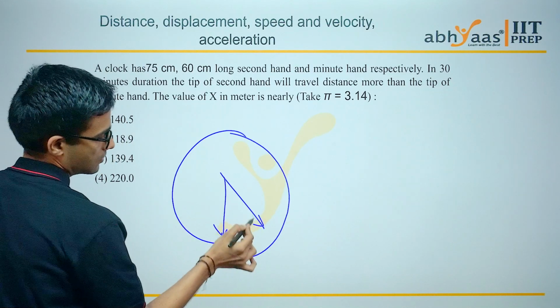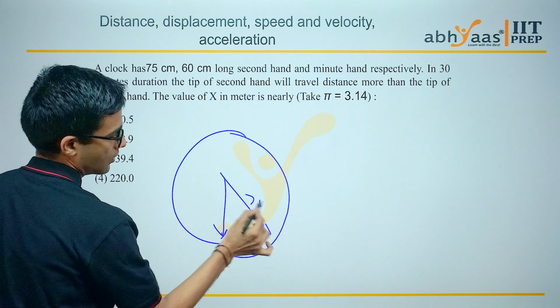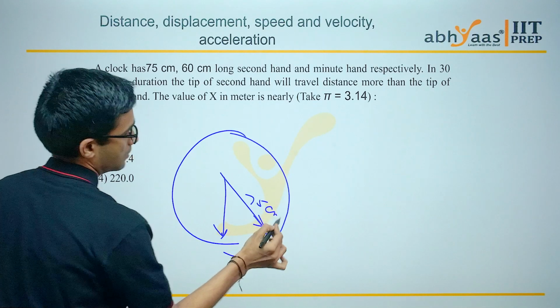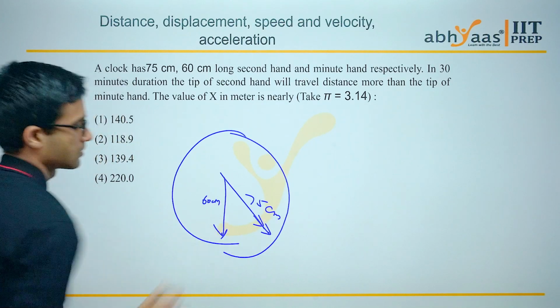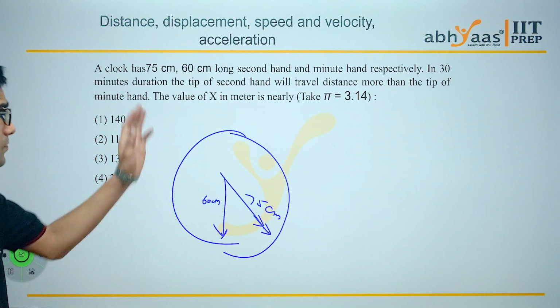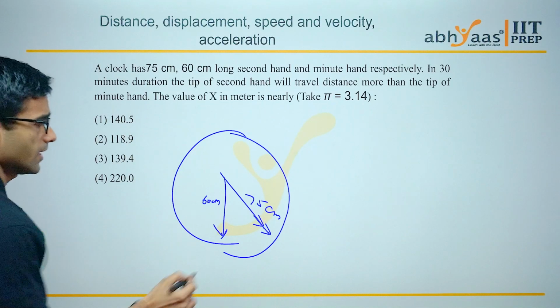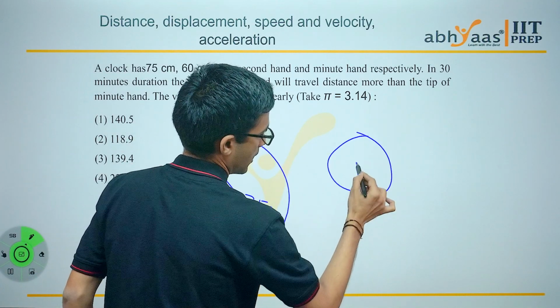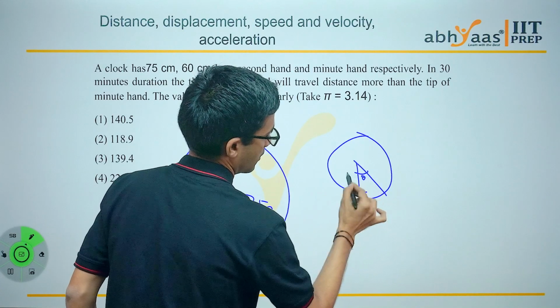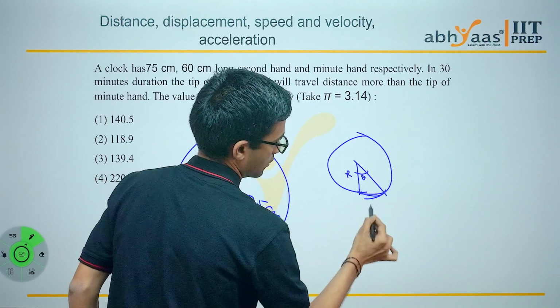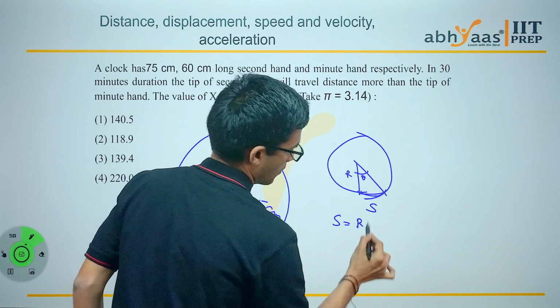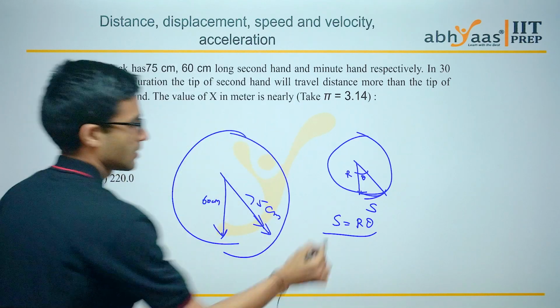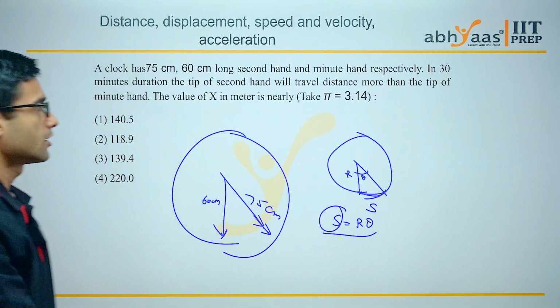The seconds hand is a little longer, that is 75 centimeters, and this one is 60 centimeters. Now, if you take a circle, this is the radius making an angle theta, so the length S equals R theta. He is asking for distance or displacement.